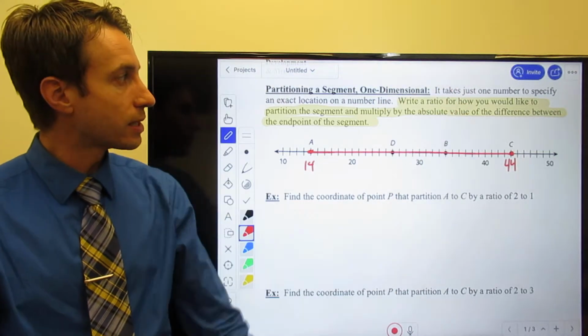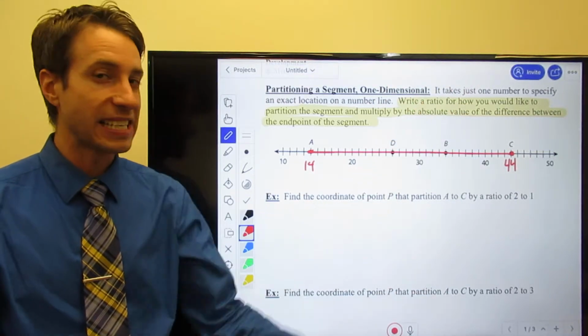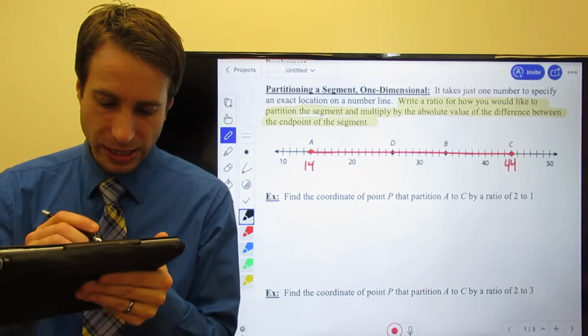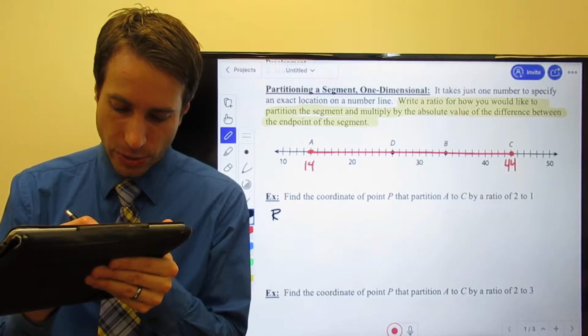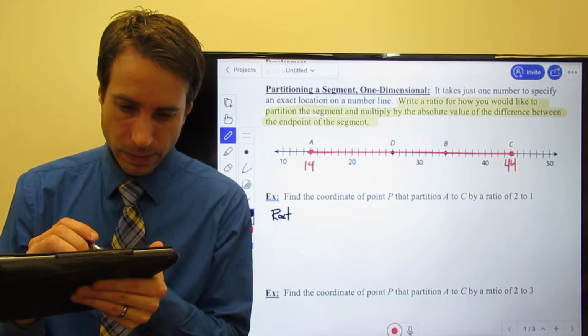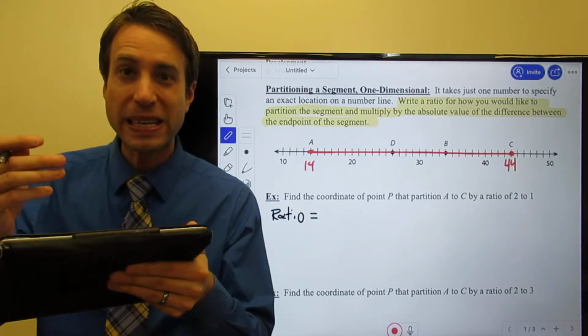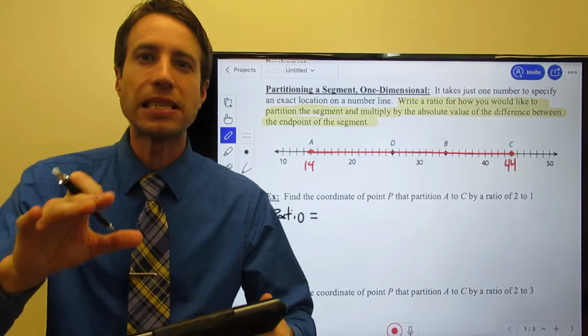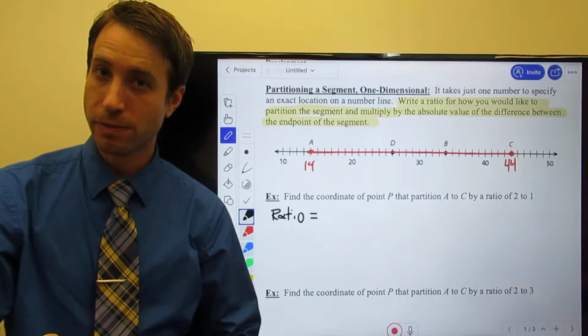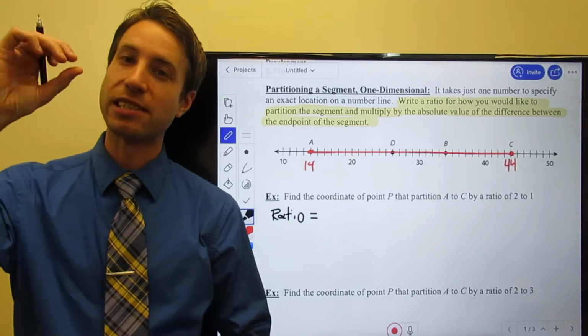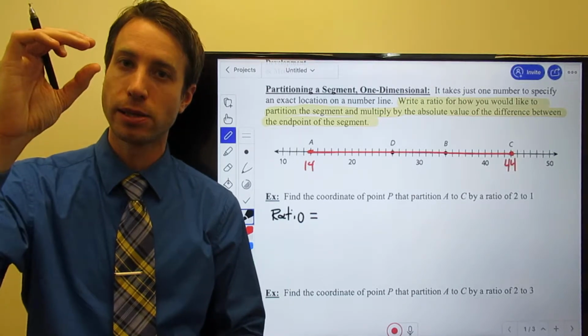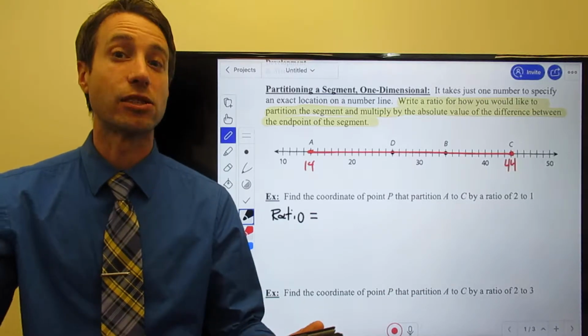According to my directions, the first thing I need to do is write a ratio. So let's quickly remember what a ratio is. A ratio is represented by a fraction, where the numerator is the part that you want and the denominator represents the whole.